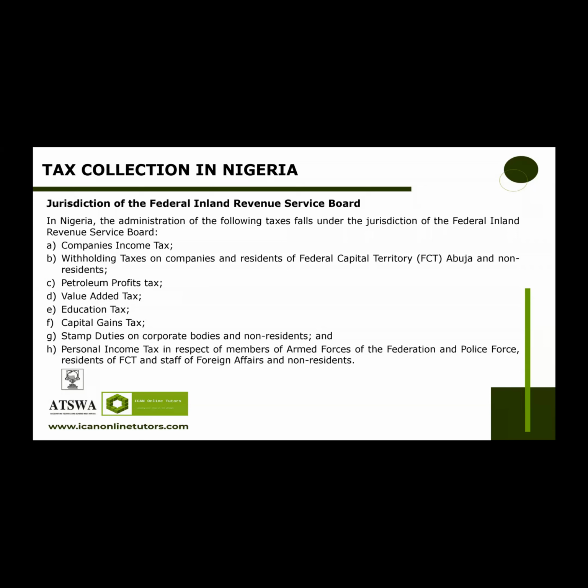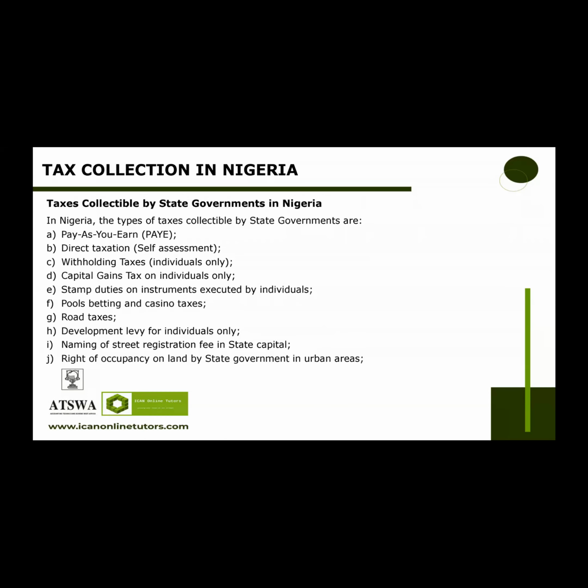The board, with the consent of the minister, may also authorize the Joint Tax Board to perform or exercise any power conferred on the board, including the powers or duties specified in the first schedule. Are we together? So now let's take taxes collectible by state governments in Nigeria.